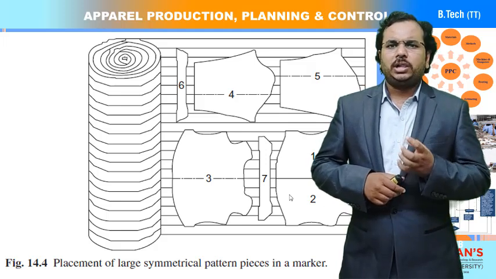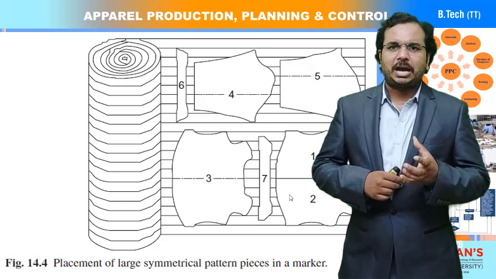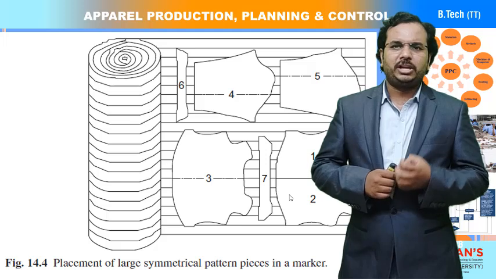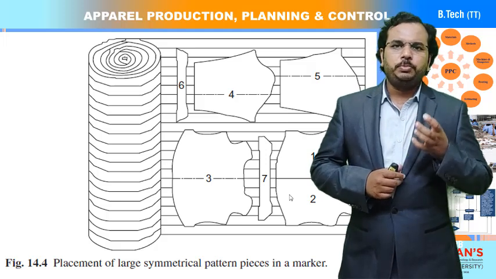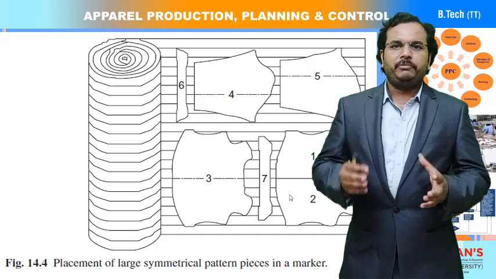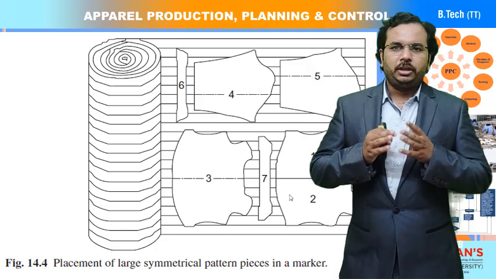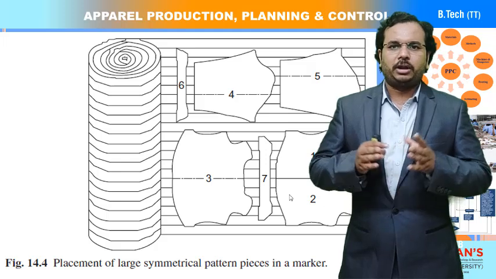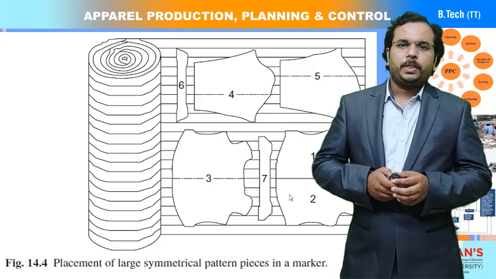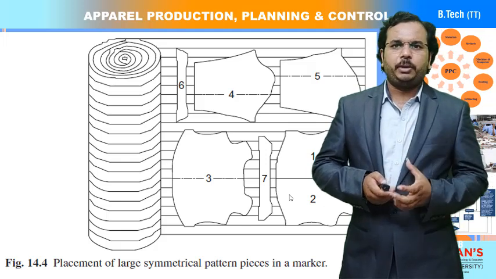That is why, while preparing the marker, while cutting the panels on the cutting table, and while spreading the fabric, many measures should be taken to prevent damage to the fabric during the process. So that is why it is very important.